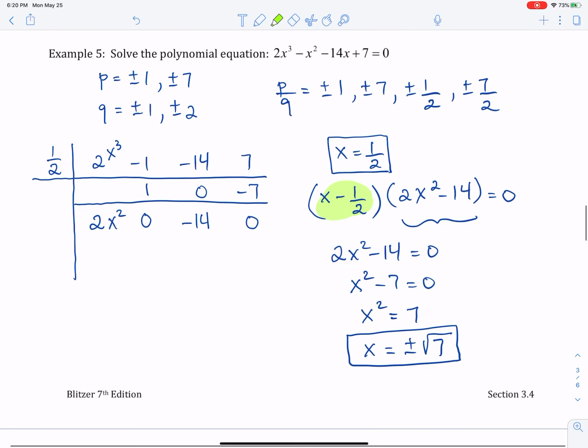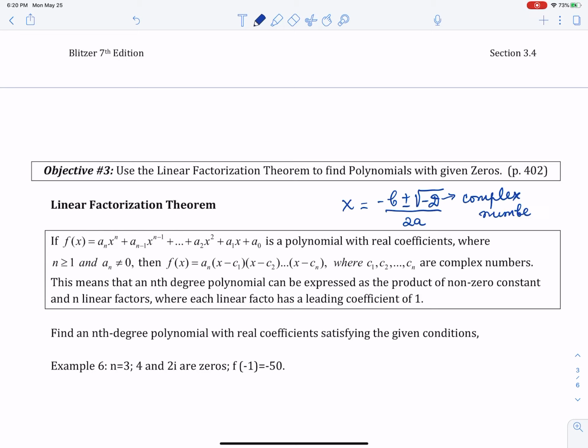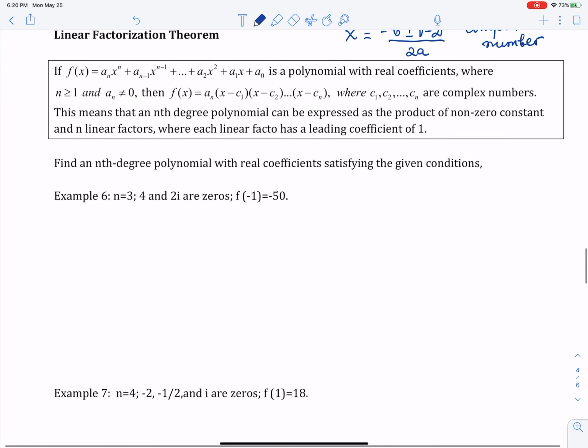So from there come 2 other solutions. If it turns out that under the square root we have a negative number, imagine x is equal to negative b plus and minus the square root of some negative discriminant, that negative discriminant is going to give me a complex number. And since it's plus and minus a complex number, complex numbers always come in pairs.